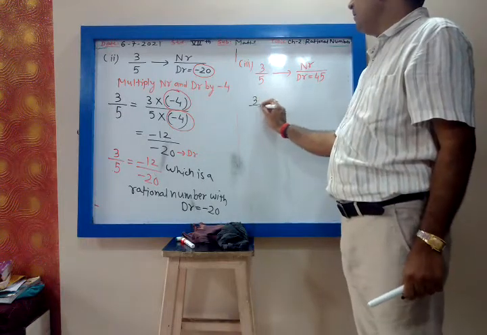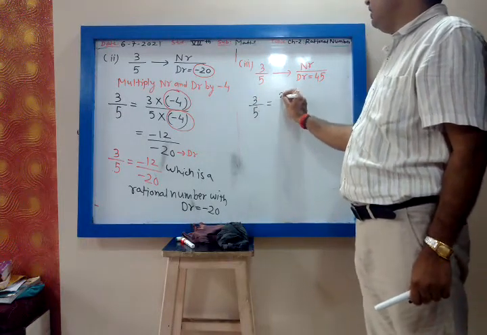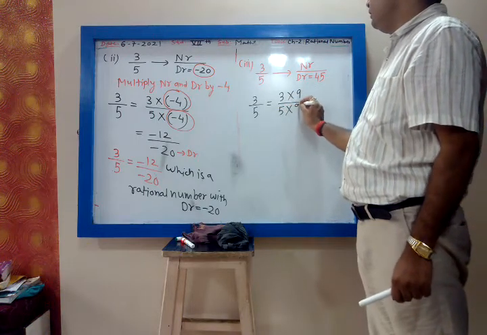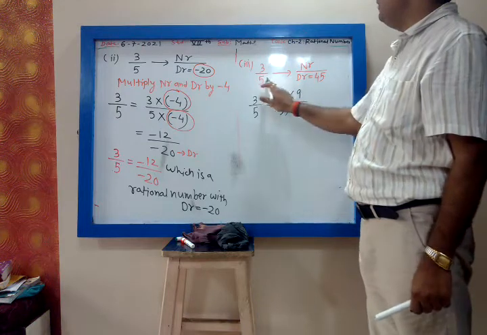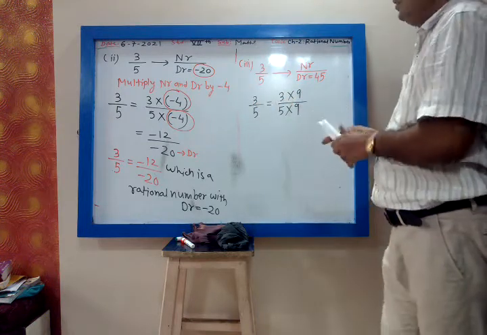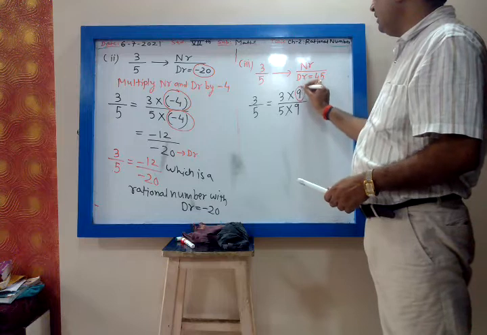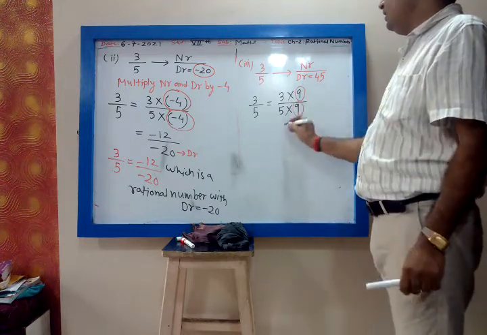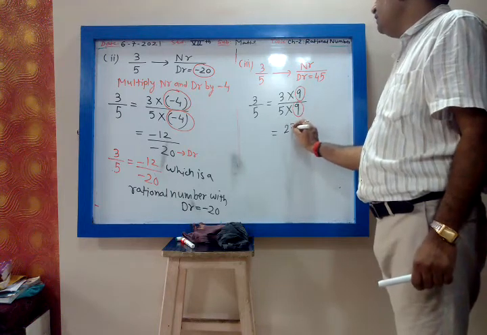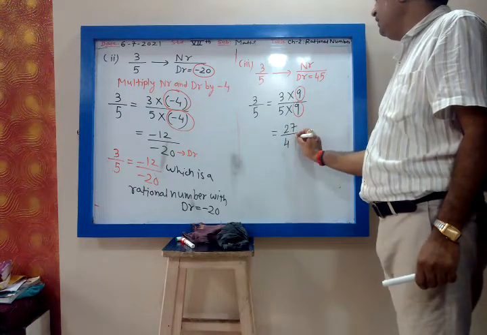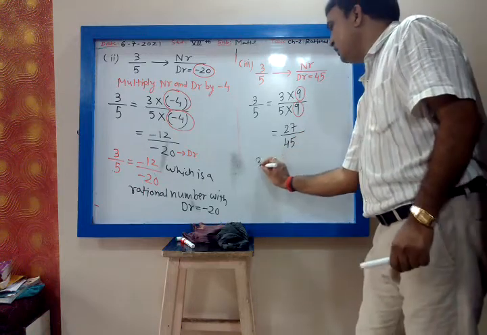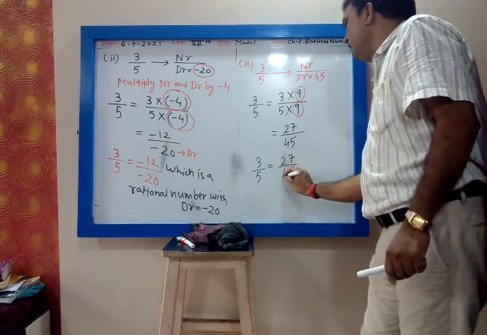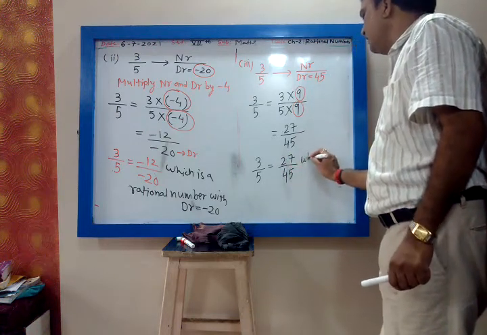So 3 upon 5, multiply and divide 3 into 9, 5 into 9, because to convert 5 into 45, I have to multiply 5 by 9. So multiply by 9 in numerator, multiply by 9 in denominator. So let us see, 9 3s are 27, 5 9s are 45. So 3 upon 5 is written as 27 upon 45.